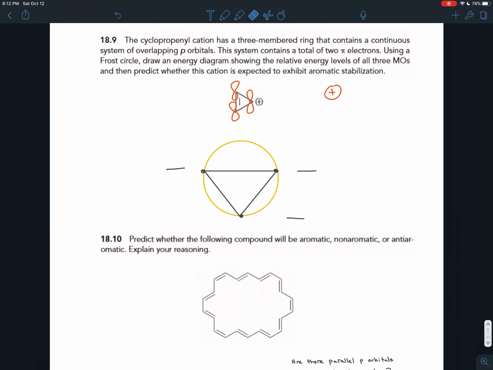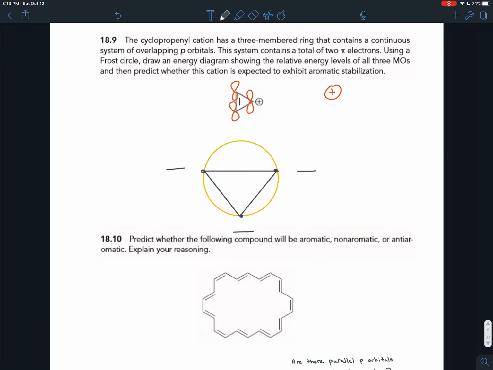So if you were to draw the molecular orbitals out, if you were to look at all the wave patterns this can move in, you would see that this ring has 3 possible wave patterns. And one of them is lower in energy, and 2 of them are higher in energy, but they have the same energy as each other. So here we know we have 2 pi electrons, the 2 electrons in the pi bond. Notice this positive charge, that's an empty p orbital, there are no electrons there.